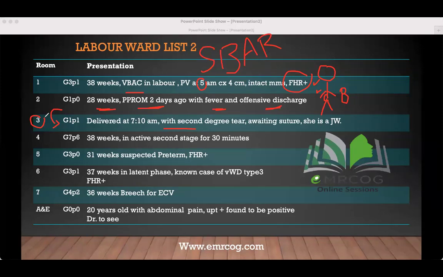Is it the tear or is it the atonic postpartum hemorrhage? Okay, so if it is atonic, then you will start the uterotonic, right? If it is the tear, then you will pack it and inform the theater for proper examination under anesthesia, right? So those are the things that you need to manage right now, okay?